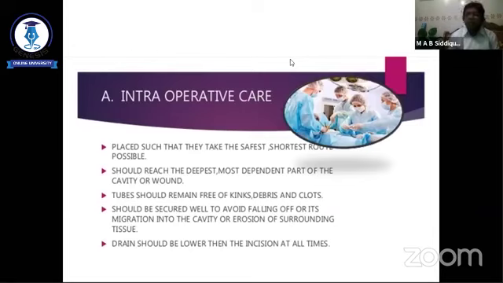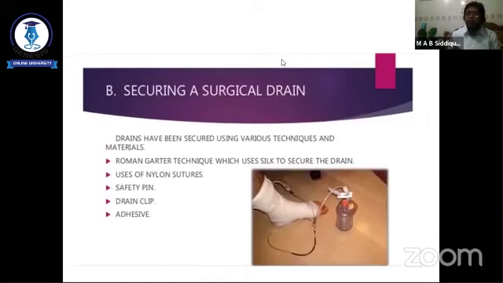The drain should be lower than the incision at all times, always on the lower side of the incision, not the upper part of the incision.